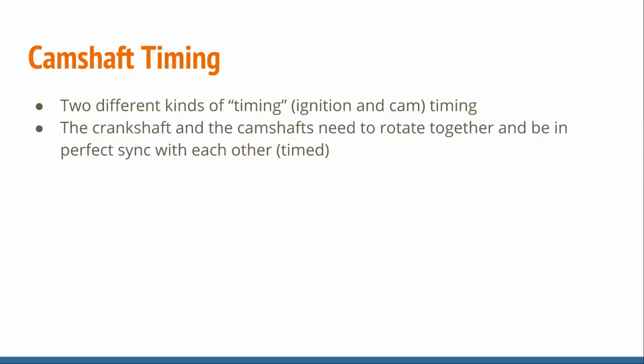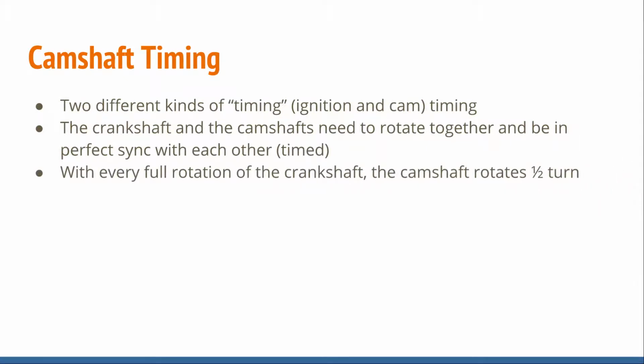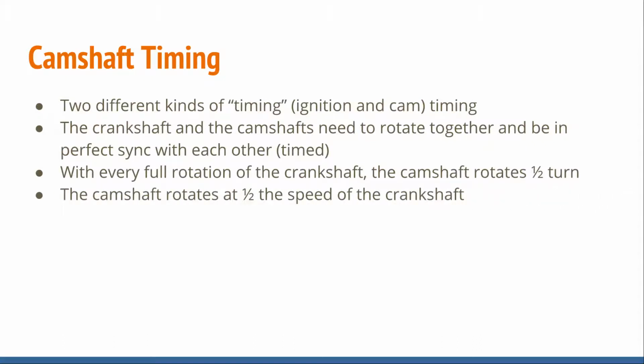The crankshaft and the camshaft need to rotate together and be in perfect sync with each other, referring to camshaft timing. With every full rotation of the crankshaft, the camshaft rotates a half a turn. We already mentioned that, but I want to really bring that home to you guys. The camshaft rotates at half the speed of the crankshaft.